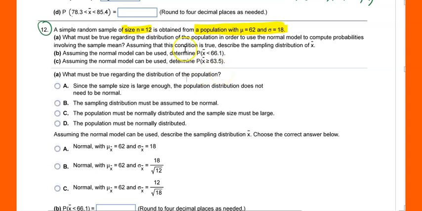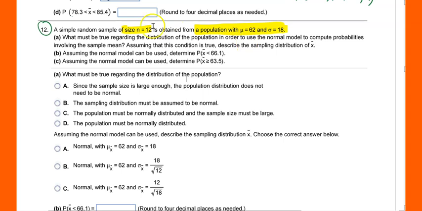Notice that the question asks what must be true regarding the distribution of the population in order to use the normal model to compute the probability. That's the question involving the sample mean. Pretty much the question is asking when the sampling distribution is going to be normal if the sample size is 12, less than 30.